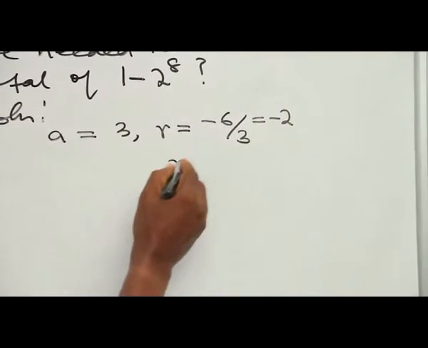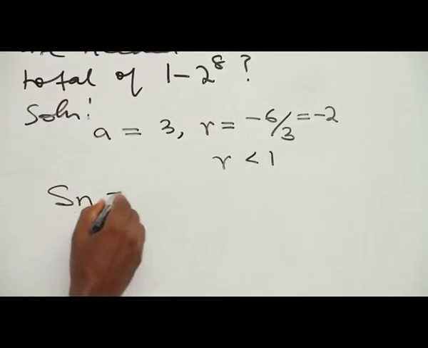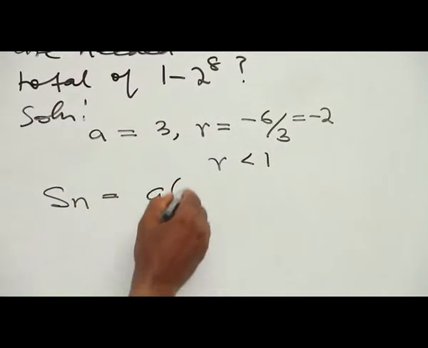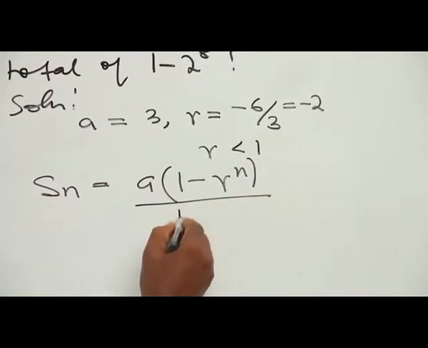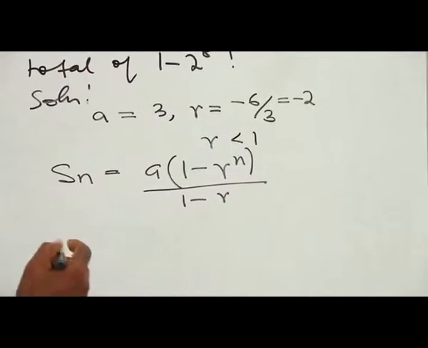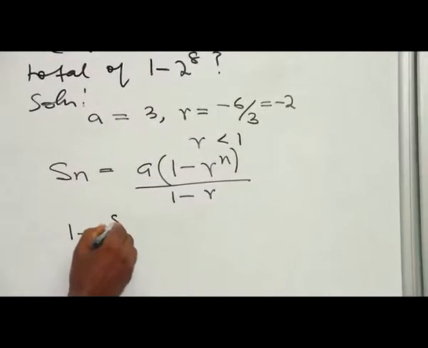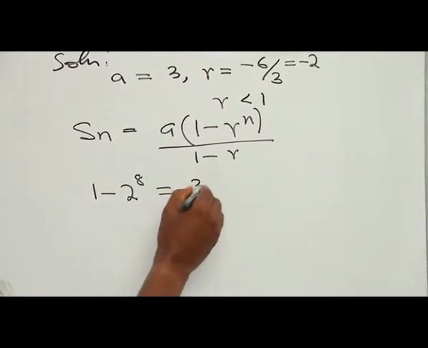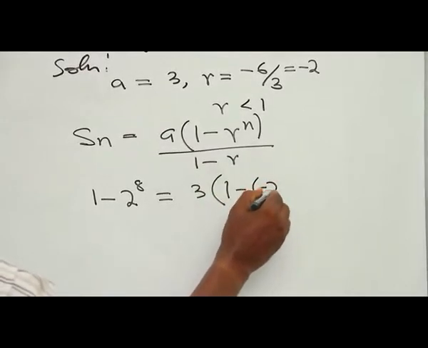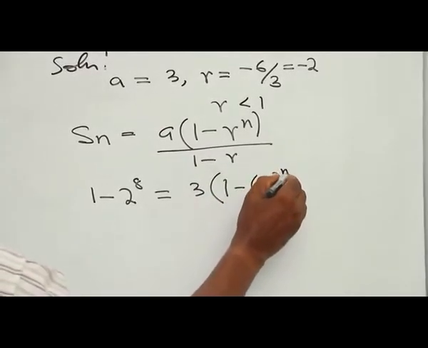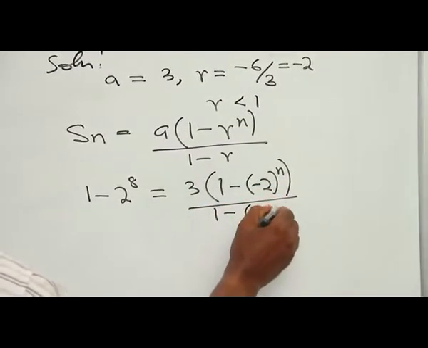And that means r is less than 1. So we use the formula Sn equal to a into 1 minus r raised to power n all over 1 minus r. You have already been told that the sum of the n terms is 1 minus 2 raised to power 8. Our a is 3, and we have 1 minus the value of r, which is minus 2, all raised to power n, and then everything here all over 1 minus 2.